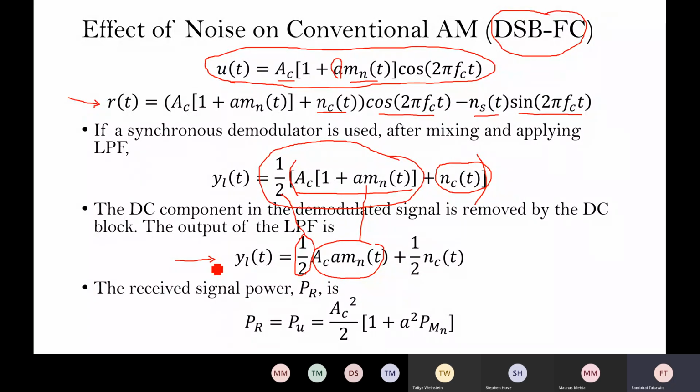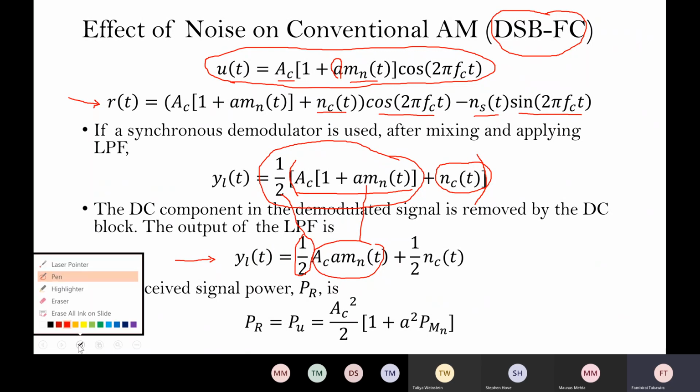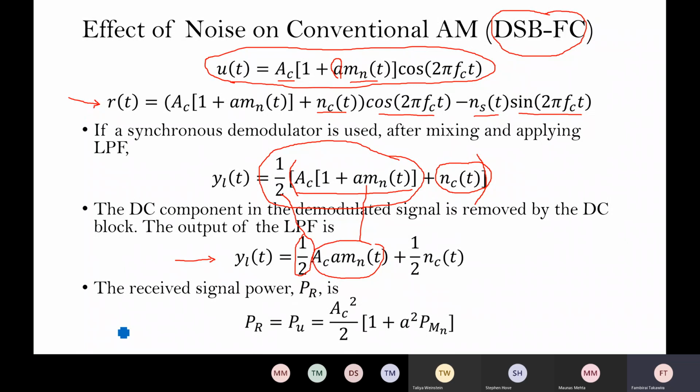We are now interested in obtaining the signal to noise ratio at the output of the low-pass filter, which is essentially the power of the desired signal component divided by the power of the noise component.